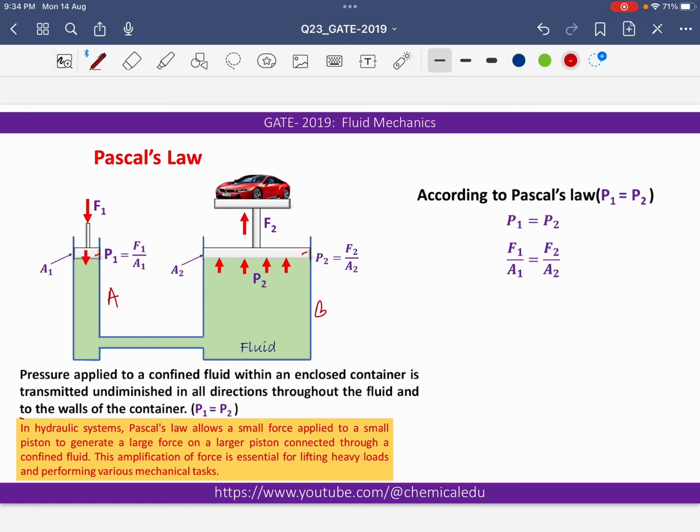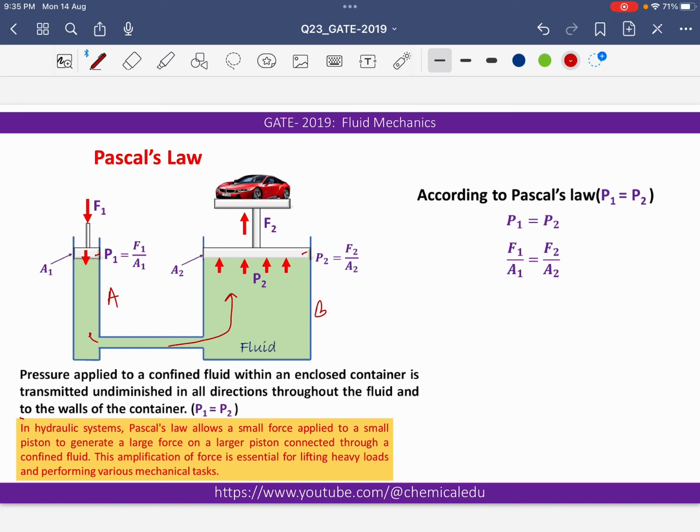In the small cylinder there is some force on the piston, which creates pressure, and that pressure is transmitted to the large piston and creates the lift which will lift a heavy object. Now what is Pascal's law? The pressure applied to a confined fluid within an enclosed container is transmitted undiminished in all directions throughout the fluid and to the walls of the container.